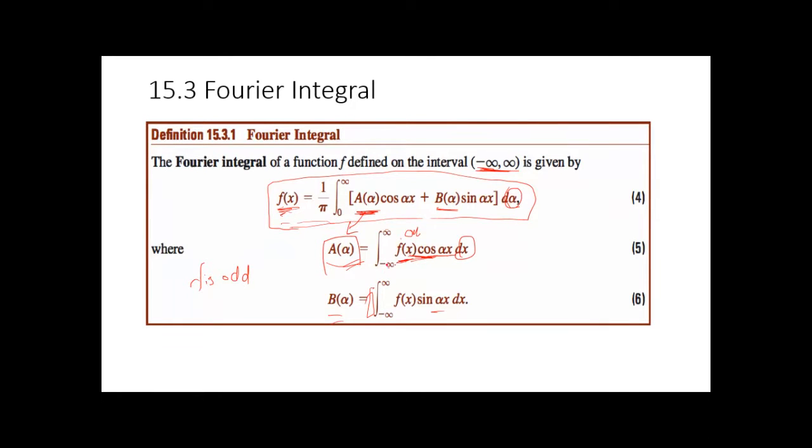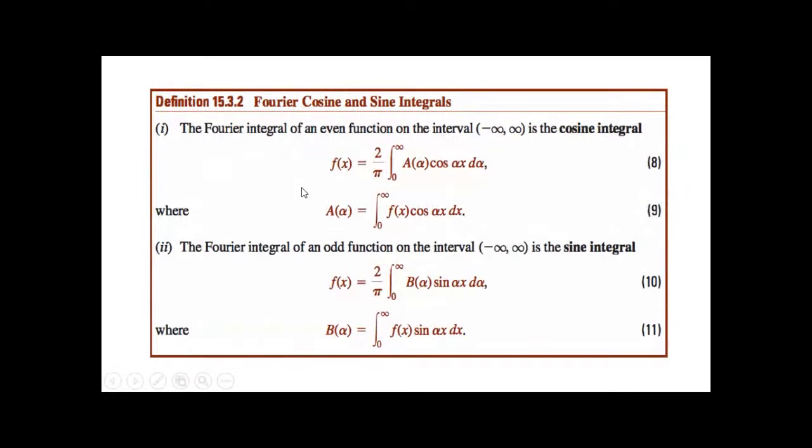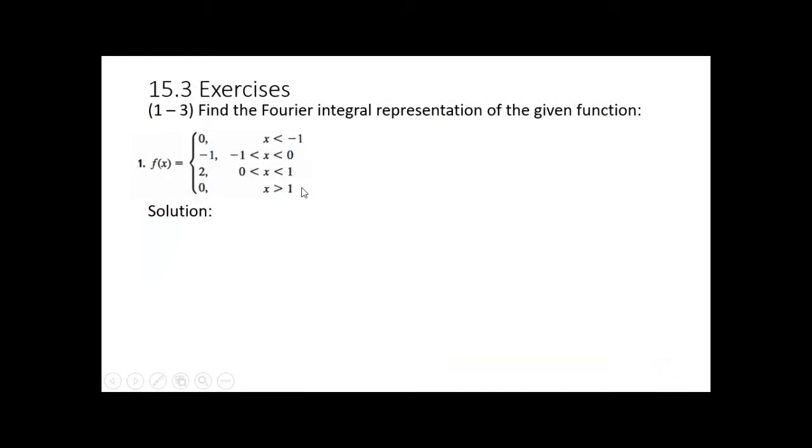So integration of an odd function over the symmetric interval from negative infinity to positive infinity will be 0. You will find only B(alpha). If f is even, this will be 0 and you will find only A(alpha). So this is possibly applicable here as well. And now that's what is given here.